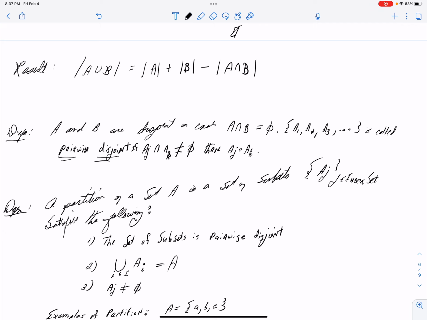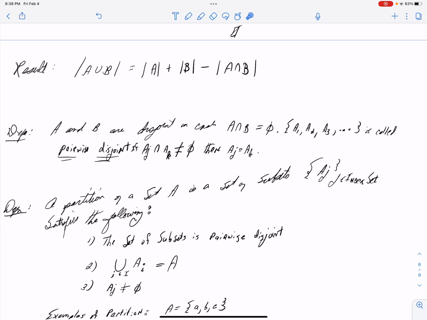Here's another property of sets. If I'm trying to figure out what the cardinality of the union of 2 sets is, you might think all I'd have to do is count how many things are in A, that's the cardinality of A, and add the cardinality of B, right? Count how many things are in A and add how many things are in B, and maybe that's the cardinality of the union.